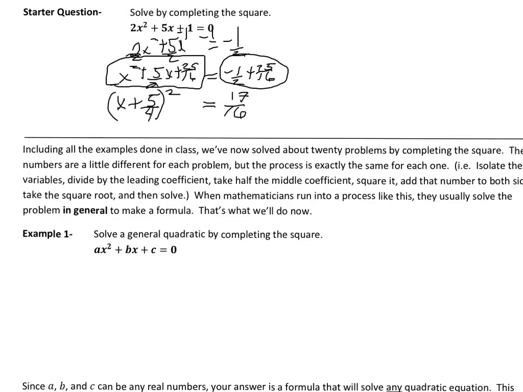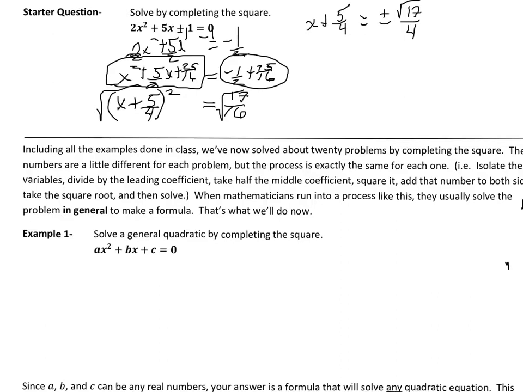So now we're going to do what? Square root both sides. So we get x plus 5/4 equals plus or minus root 17 over 4, because the square root of 16 is 4.